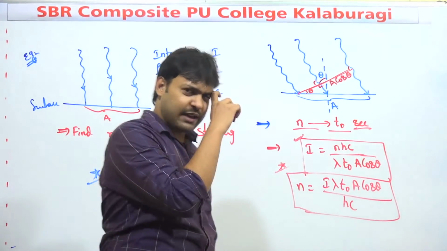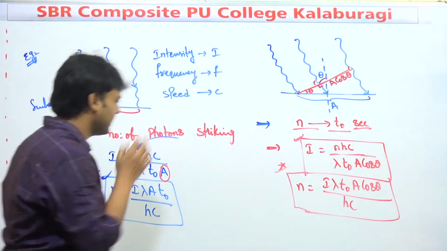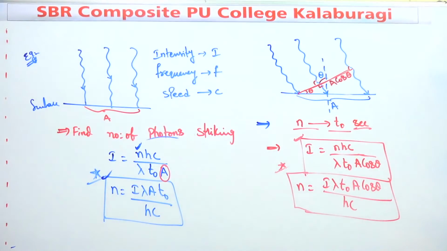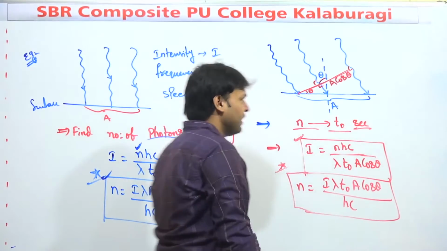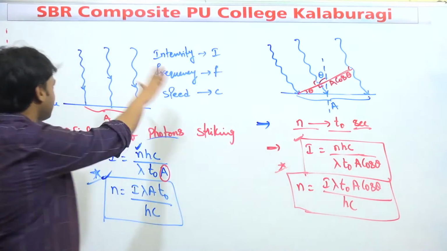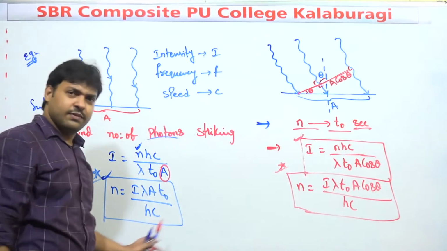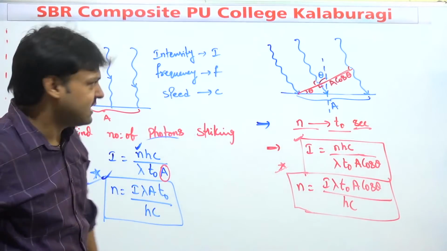Good points to calculate the number of photons. So N is equal to I lambda T0 A cos theta divided by hc. If it is normal, the angle is zero. Is that clear? Next.